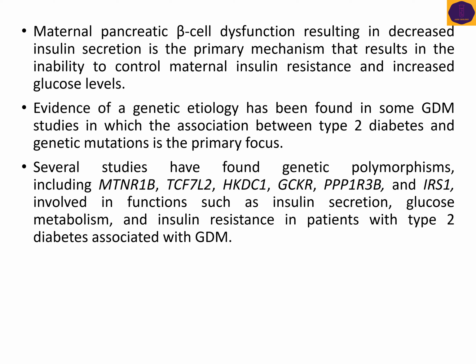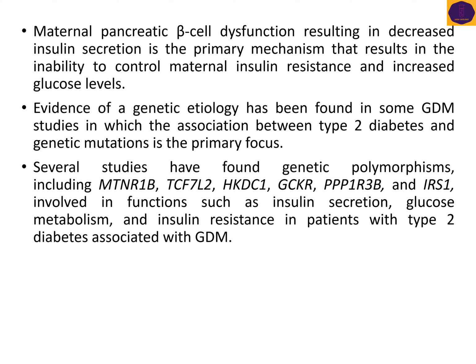Several studies have found genetic predisposition, including the MTNR1B gene, which encodes for melatonin receptor 1 protein, TCF7L2 in the WNT signaling pathway, HKDC1 hexokinase domain containing 1, GCKR, that is glucokinase regulatory protein, IRS1 insulin receptor substrate 1, and PPP1R3B, which functions in the liver to control glycogen synthesis.